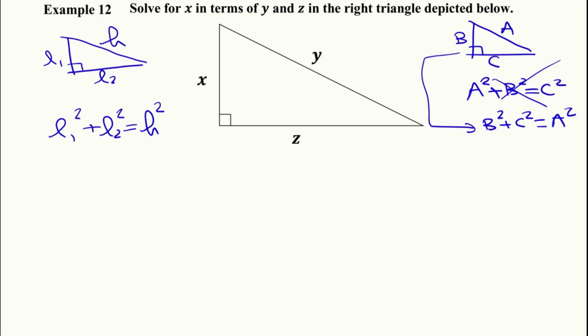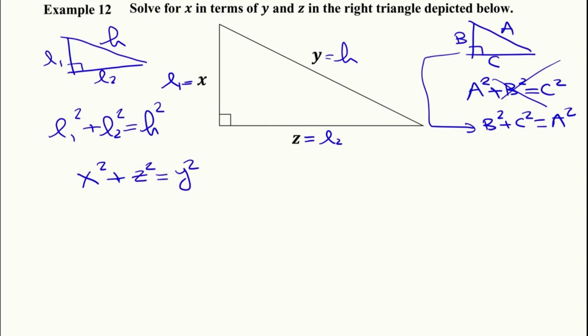So now we can think of this one as L1, think of z as L2, and think of this as H. So we end up with x squared plus z squared equals y squared.